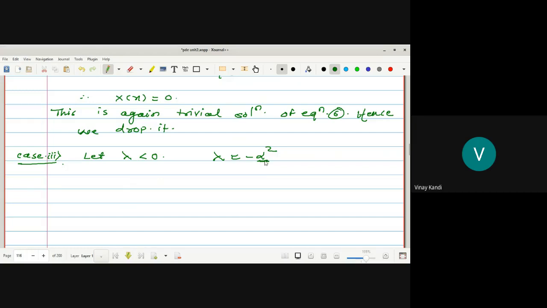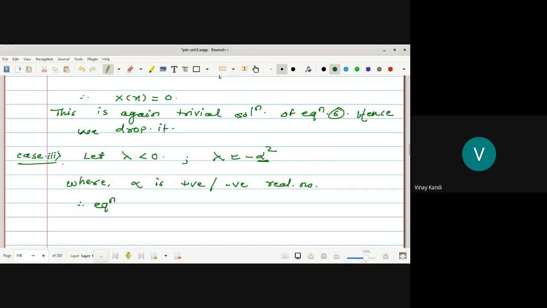Alpha square is always positive and minus alpha square is always negative, and minus alpha square is equal to lambda, hence lambda is also negative. Okay, so let lambda be equal to minus alpha square, where lambda is a negative real number.